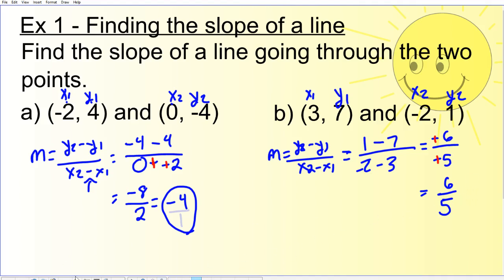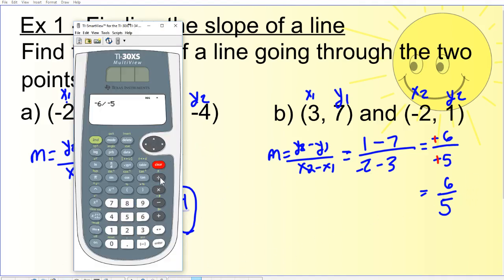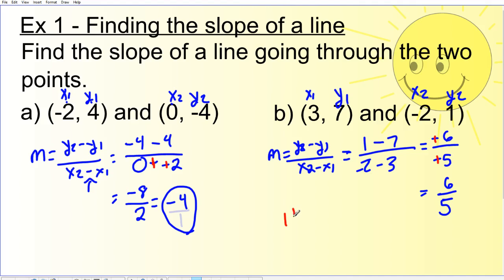Now, 6/5. If you try to go, okay, cool, let me delete that and just go clear, clear, clear. 6 fraction 5 equals. Your calculator might say 6/5. Your calculator might also say 1 1/5. We do not want that. We want our answer as a fraction, as an improper fraction, as a ratio, as one number over another.